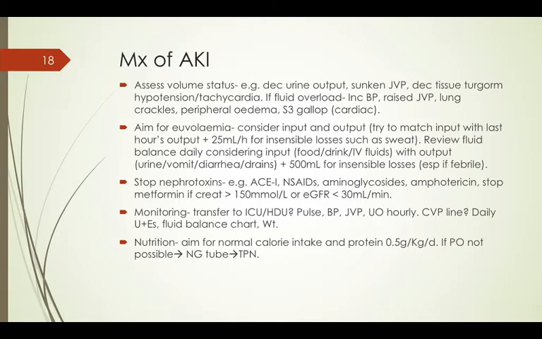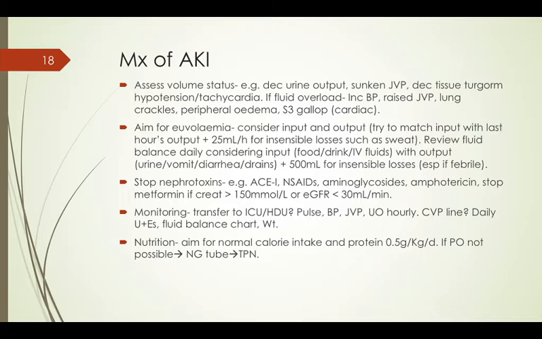If they're fluid overloaded, some of the signs may be an increased JVP, 4 centimeters above the sternal angle, crepitations in the lung fields, edema in the legs or the sacrum, and an S3 gallop when auscultating the heart.